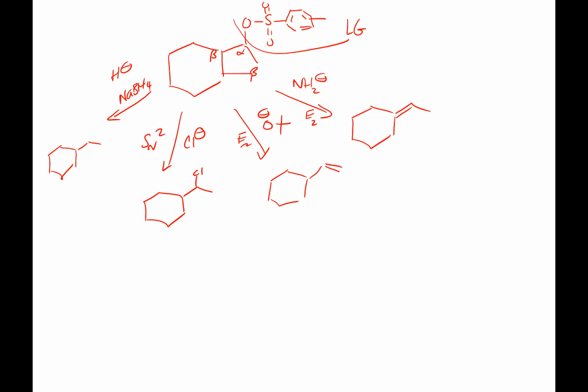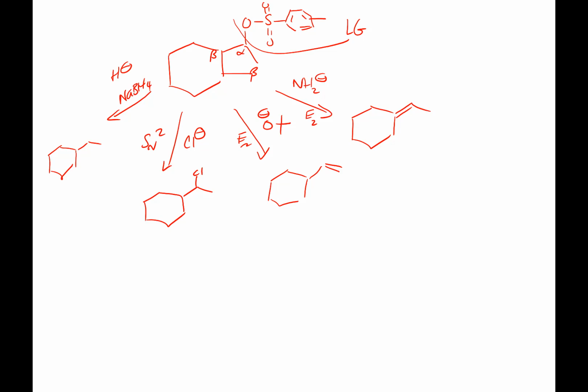So really the whole focus of the stuff for today, although there are often tangents here and there, is I need to turn my OH into a leaving group. And I can do it by making it a halogen, or I can do it by making it a tosylate ester. Once I make it a tosylate ester, it's a leaving group.